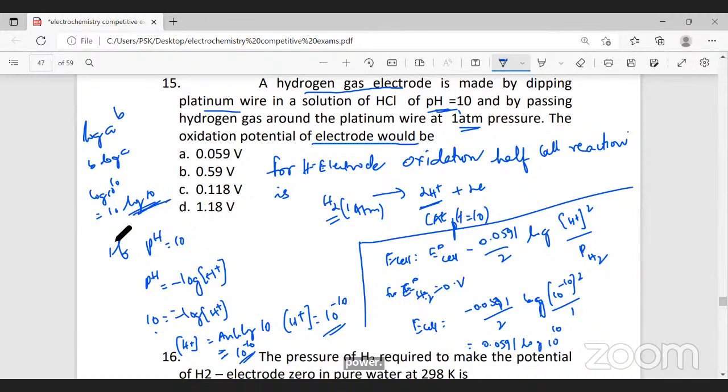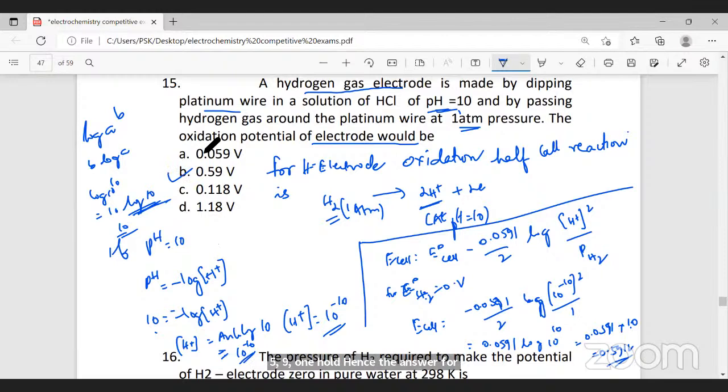Log 10 value is 1. So 1 into 10 becomes 10. Therefore, it will be 0.0591 into 10, which equals 0.591 volt. Not 0.0591, it is multiplied by 10. Hence, the answer for this question is option B.